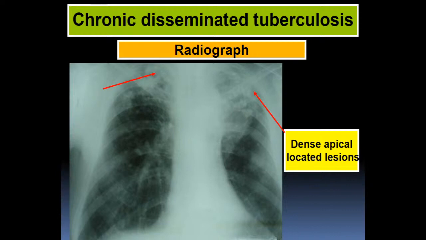Focal shadows different in density, different in size, and can form fibrous focal shadows and calcified focal shadows. On this X-ray, we can see calcification, many calcified focal shadows, and soft focal shadows.